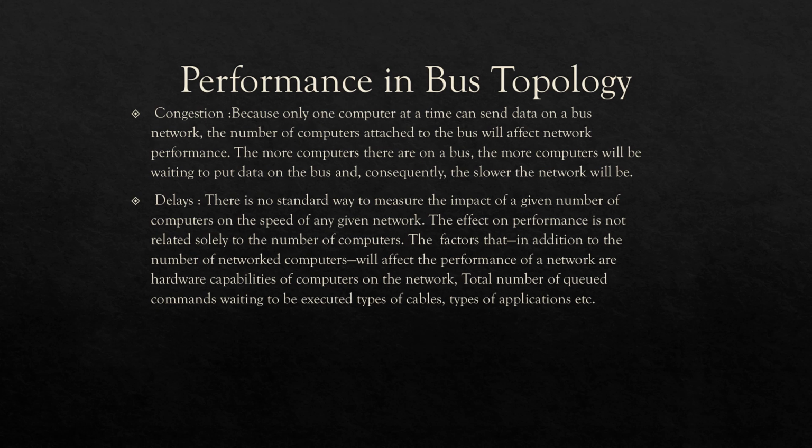There are other factors as well, for example, the hardware capabilities of the computers, the total number of queued commands which need to be executed, types of cables, types of applications, etc. All these factors combined affect the performance of the nodes in bus topology.